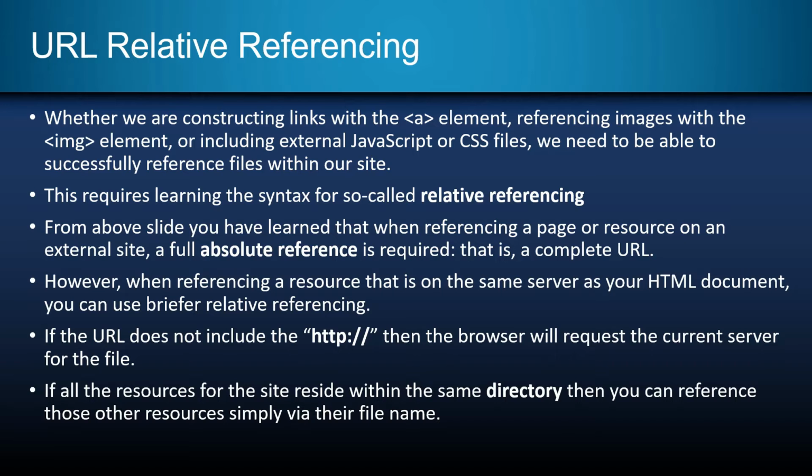If the URL does not include the http colon front slashes, then the browser will request the current server for the file. If your URL doesn't have this http format, it will request local resources in your current server.